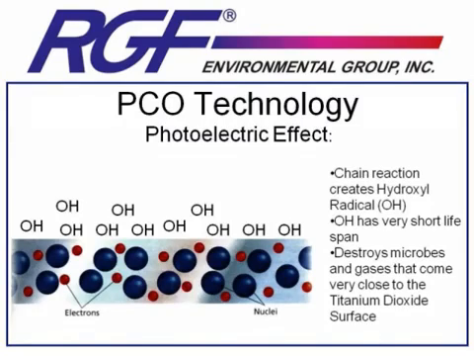Hydroxyl radicals have a very short lifespan, and because they're so unstable, they're able to destroy microbes or gases that come close to them. Because their lifespan is so short, however, they don't leave the surface of the titanium dioxide catalyst, meaning that the microbe or gas must literally come into contact with the surface of the catalyst to be destroyed by these hydroxyl radicals.